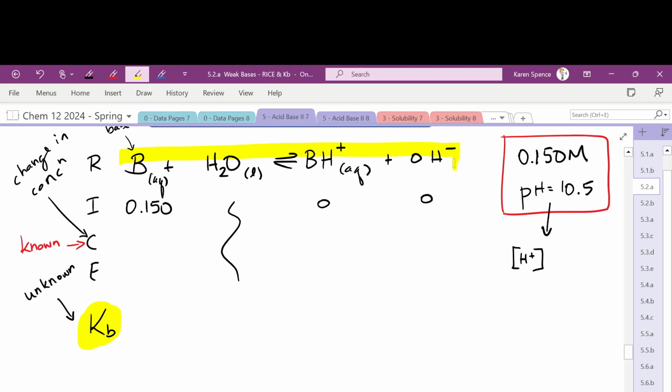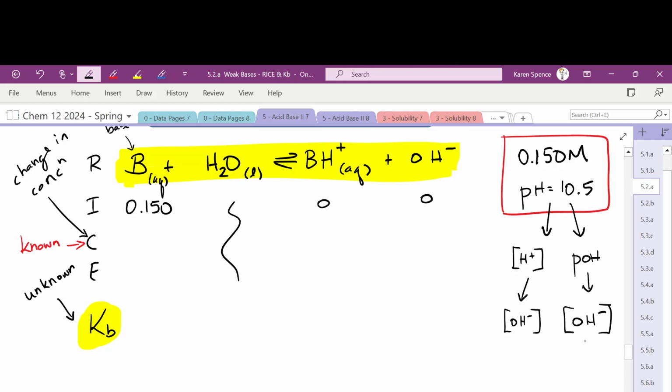Do we have H plus in our reaction? No. What do we have in our reaction? We have OH. So we either have to go to hydrogen and then to OH, or the other route is from pH to pOH, and then to OH minus. Do you guys have a preference?